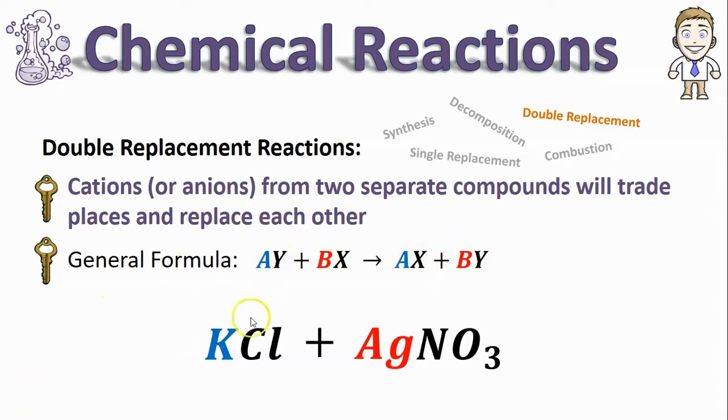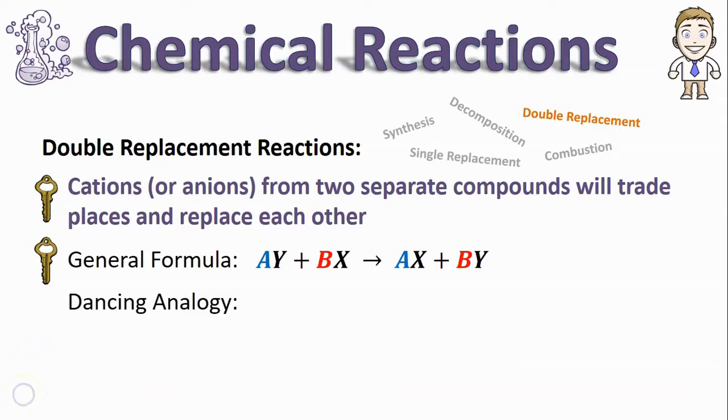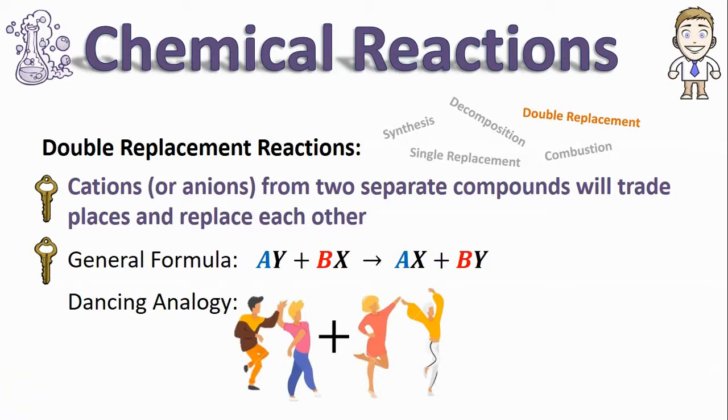For example, if you had KCl reacting with AgNO3, the 2 cations written first, K and Ag, will trade places with each other, and you'll get Ag that's now with Cl and K that's now with NO3. In our dancing analogy, we'll begin with 2 sets of couples.